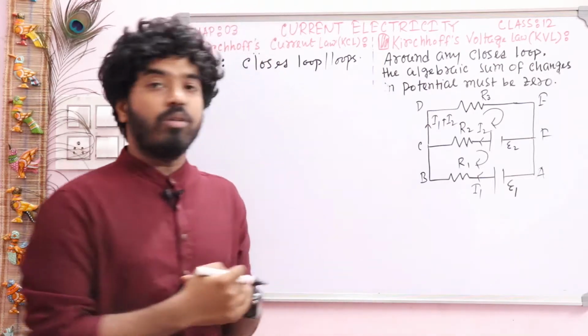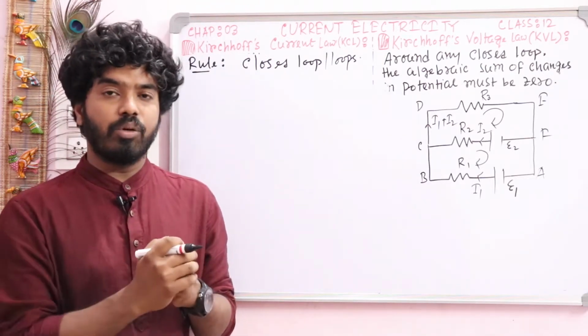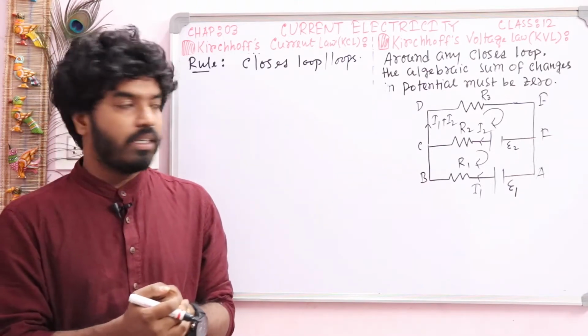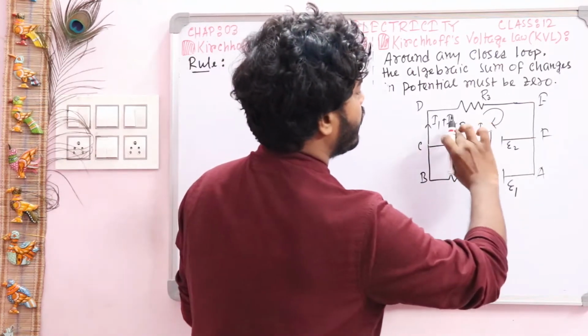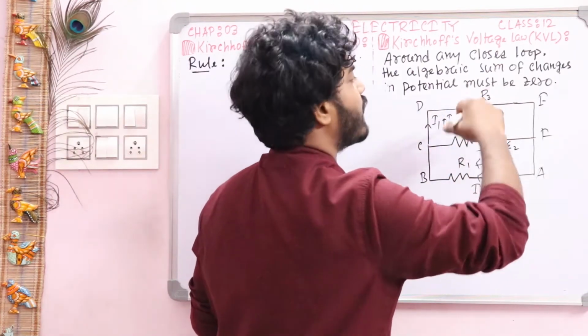Now after considering loops, you can go either clockwise or anti-clockwise. You can consider this way, clockwise, and you can also consider this way, anti-clockwise.